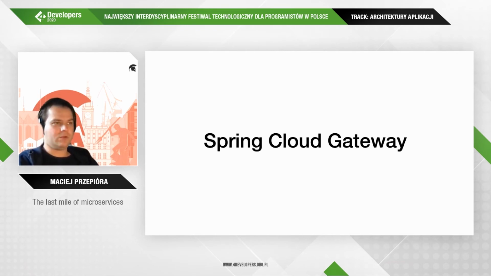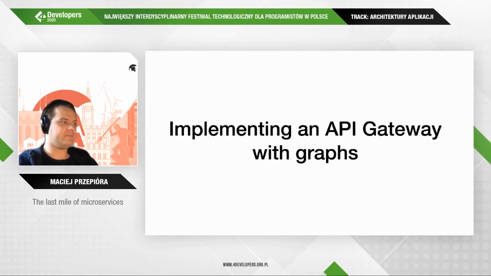One thing that you want to consider, because so far we were somewhat assuming that we're talking about REST-like APIs, but REST is not the only way of developing web applications, and something of a new trend coming from Facebook is using graphs.